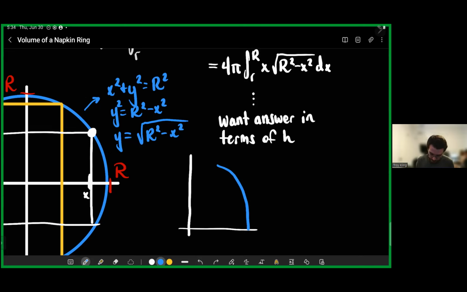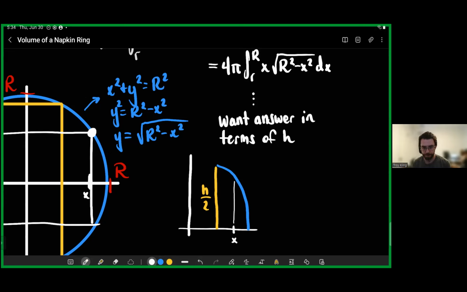And it turns out that this will be h over 2. That's sort of half the height of the hole that got cut. And just for the sake of argument, let's still call this x. So we have some little cylindrical slice that we're cutting at that x value.